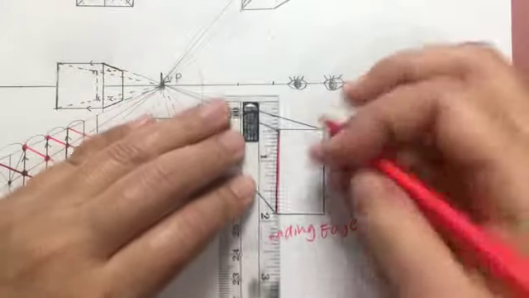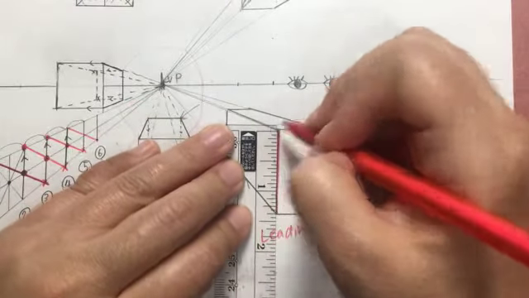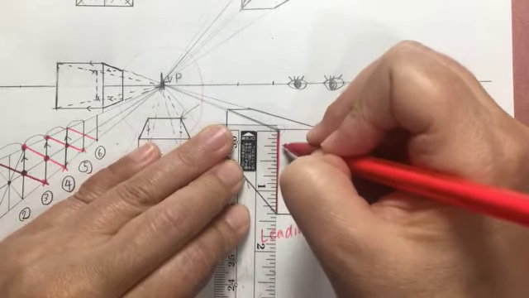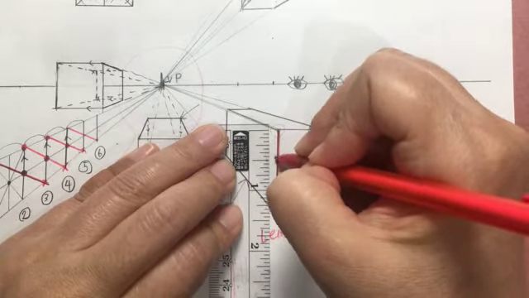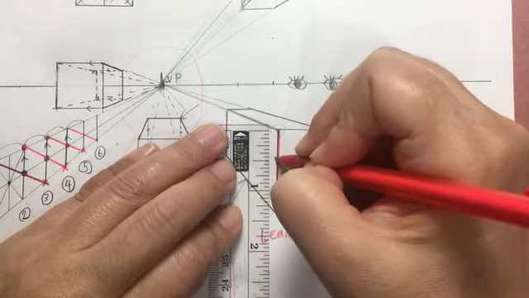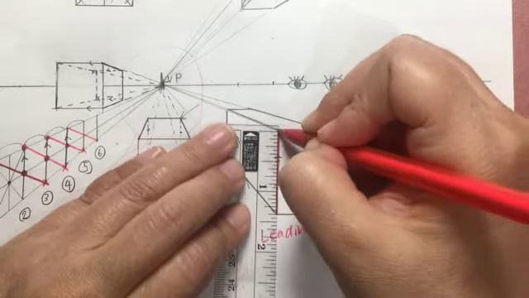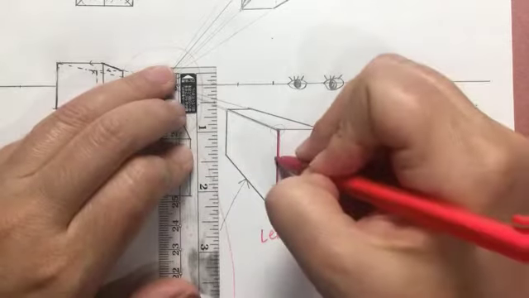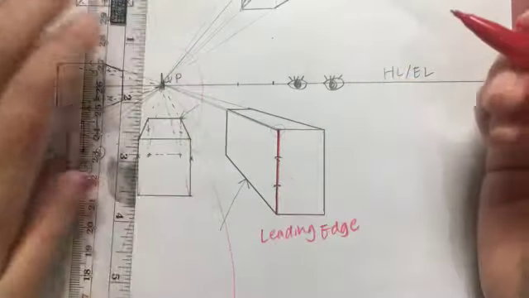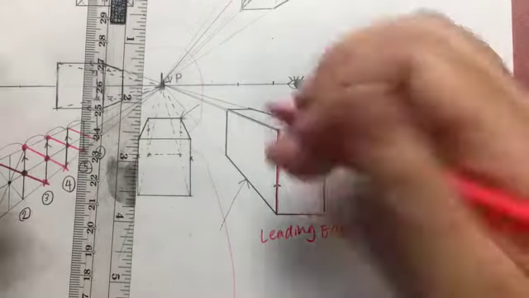You can measure if you want to, or you can eyeball it. I want to divide it into equal thirds. So I'm just going to eyeball it. You can actually measure this and do the divisions. It's probably better, but I just eyeball it.